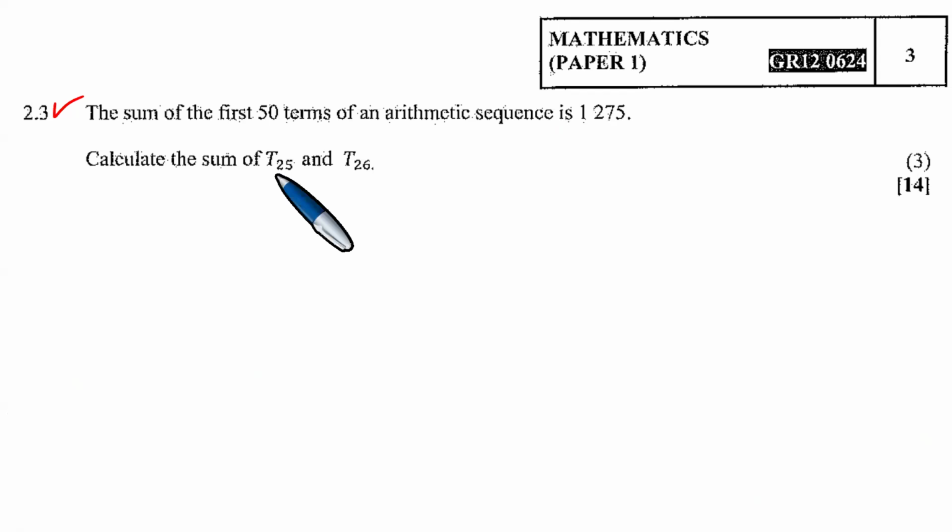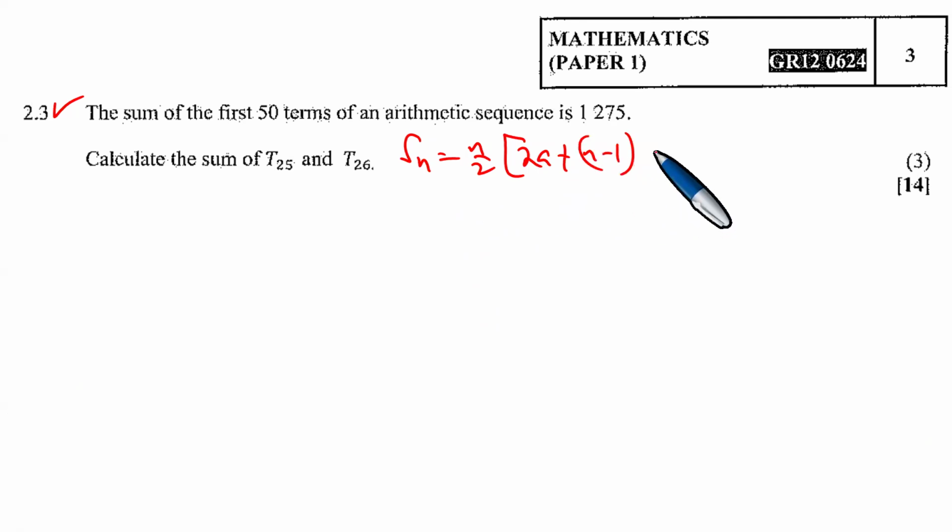The sum T25, T26. Right, so which means that this is n over 2, n minus 1d. Okay, this is the formula for the sum of arithmetic sequences.